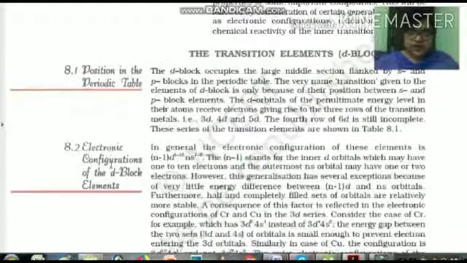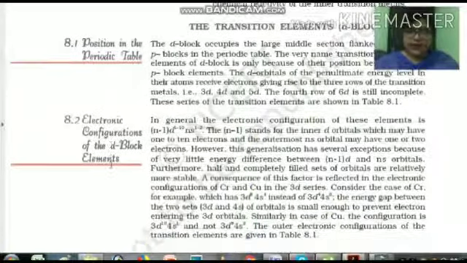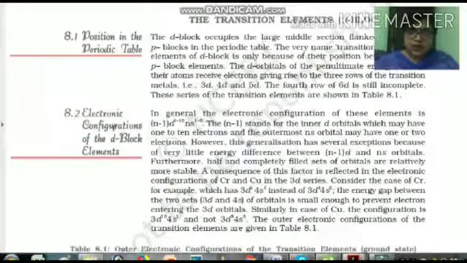As you all know, children, they have the electronic configuration (n-1)d1-10 ns1-2. The (n-1) stands for the inner d orbital, which has 1 to 10 electrons, and the outermost ns orbital may have 1 or 2 electrons.